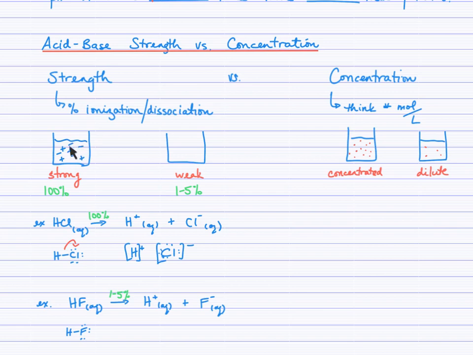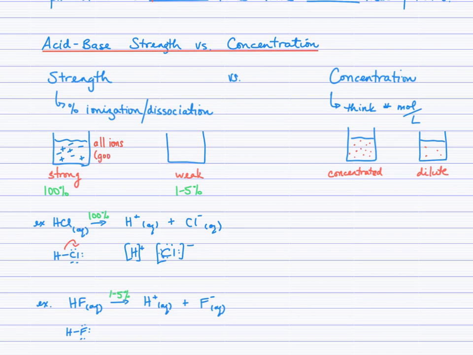How many of these particles I draw would totally depend on the concentration, which isn't being communicated here. I'm just showing an example of a strong acid by showing positives and negatives to represent these ions. The point is, the types of particles here are all ions. And that's the idea of a strong acid.